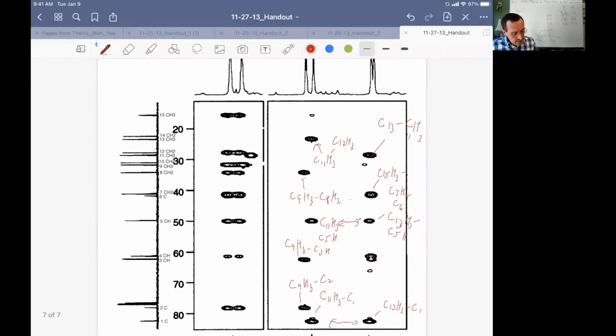If we continue, we can see over here C15H3 is crossing with C4. And here C15H3 is crossing with C3H.